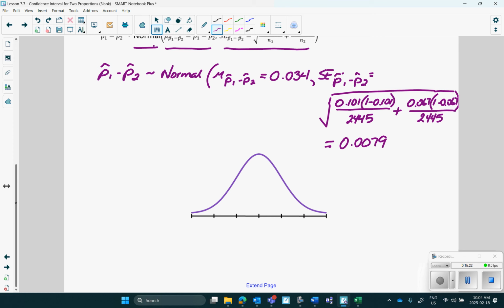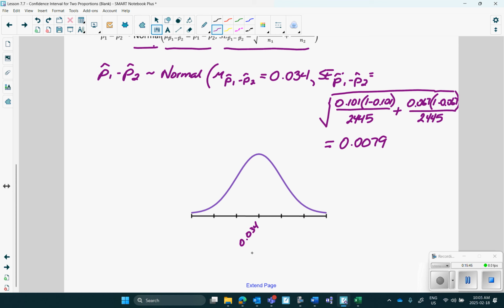So we've got 0.034 as our mean. And then we have to add three 0.0079s to get these three notch values. And then we have to start at the mean and subtract three 0.0079s to get the three notch values below. So I'll just give you those.